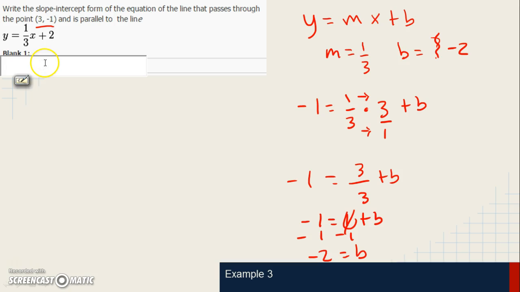So when I type this in, I write y equals 1, and then we type in x in the numerator, so don't forget that, over 3 minus 2. And you could also type this in without the 1 in front of x, but both of them are acceptable formats. So good luck on the homework.